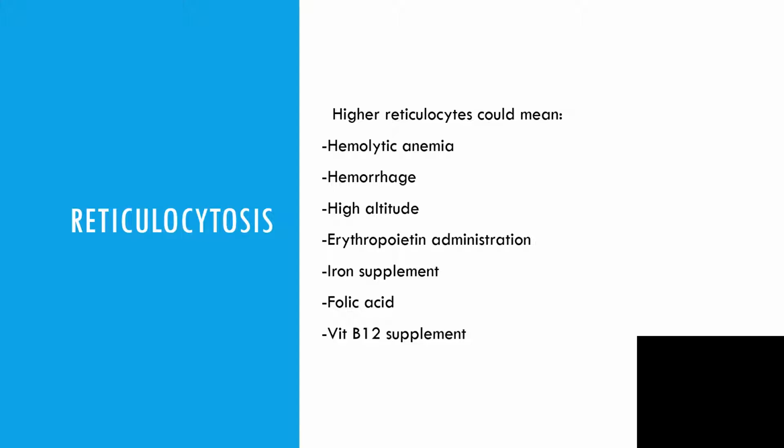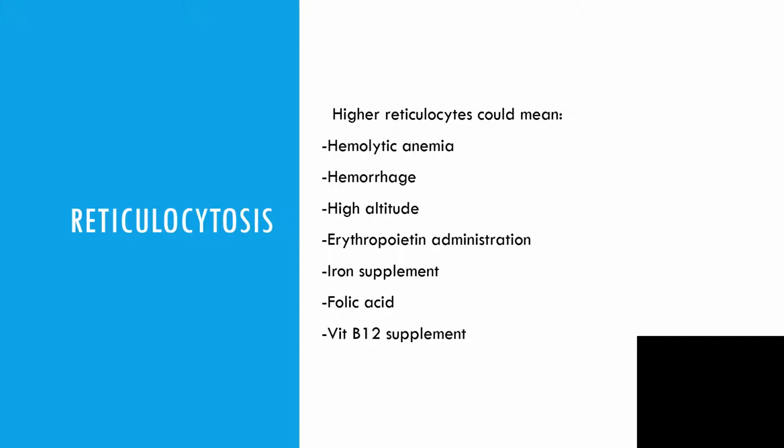Then somebody bleeding, hemorrhage, and the bone marrow is trying to make up for the loss, or there's hemolysis somewhere, blood is getting lost, and there's effort to replace. Then when there is iron deficiency anemia and you are treating the deficiency with iron supplement, then this is a sign that your medication is working.